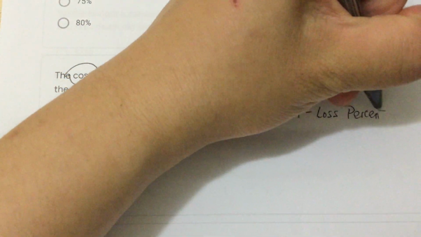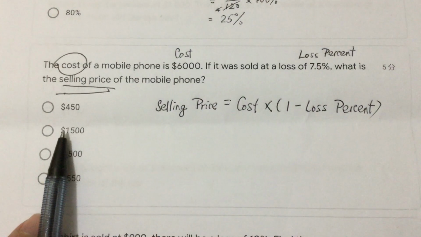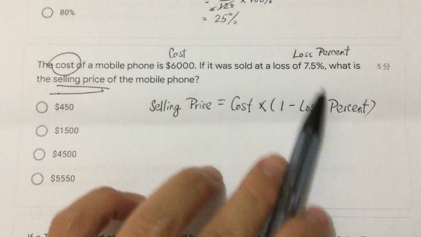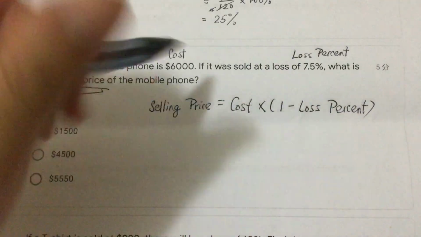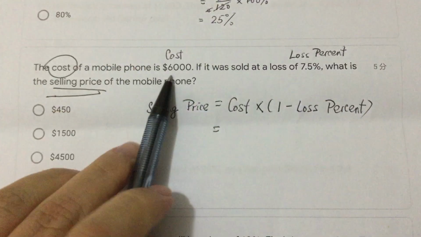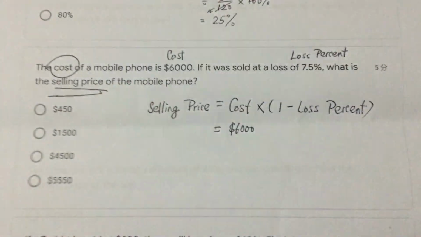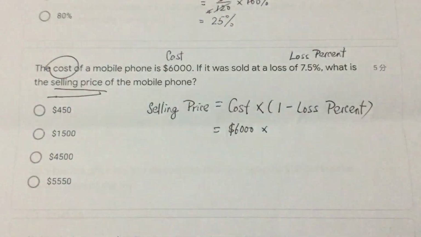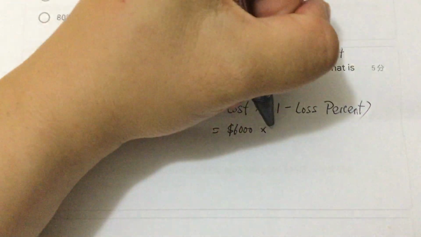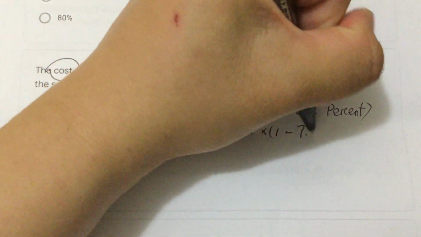Once again, just do the same thing. We need to fill in the blanks. For cost, we change it to $6,000. And then times 1 minus 7.5%.